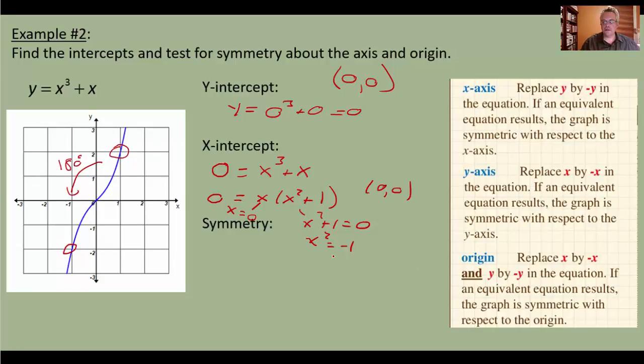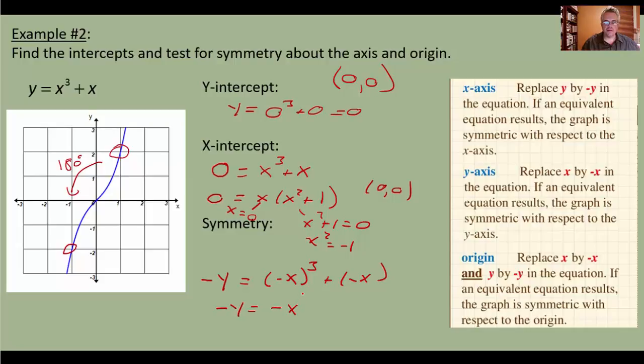Alright, so the test for symmetry about the origin. You replace x with minus x and y with minus y. So here we go. I'm going to replace y with minus y and x with minus x in y equals x cubed plus x. Alright, so we get minus y equals, when you cube a negative, you get negative.